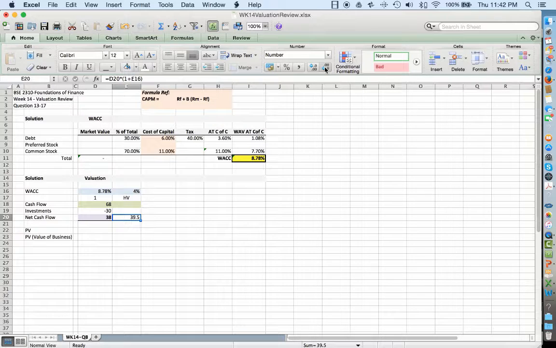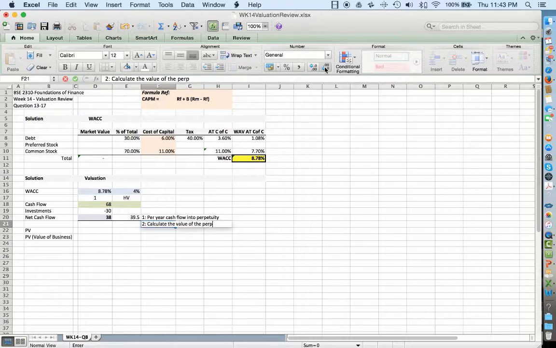Now what I'm going to do is calculate the value of the perpetuity. So what I just did is the per year cash flow into perpetuity. That's step 1. The way to think about it is step 1 is the 1 year cash flow, and step 2 is the forever cash flow.